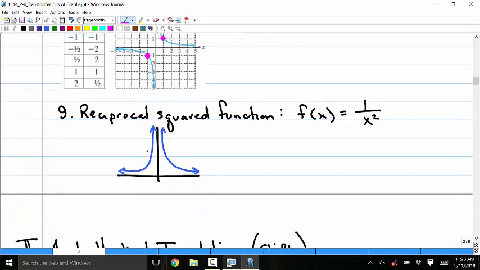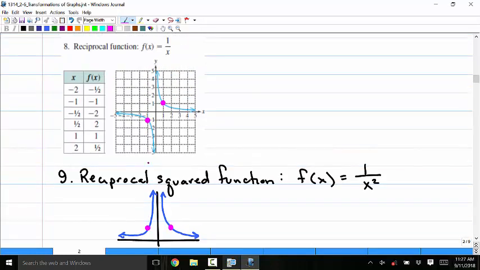Whereas the reciprocal squared function, y equals 1 over x squared, has 1, 1, and negative 1, 1. But it's the band conductor. It's in the first and second quadrants. 1 over x is in 1 and 3. 1 over x squared is in 1 and 2. See the difference? Yep.